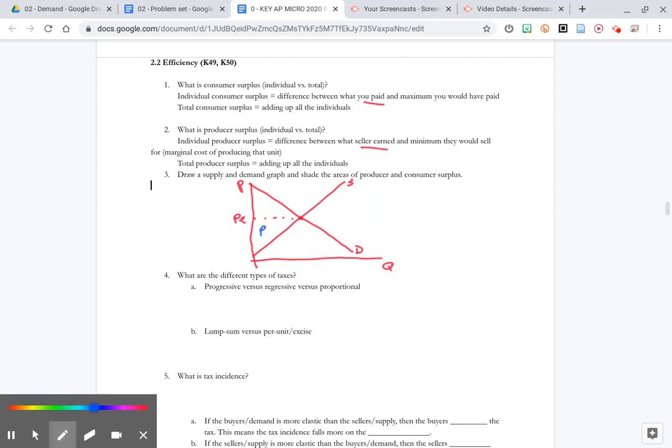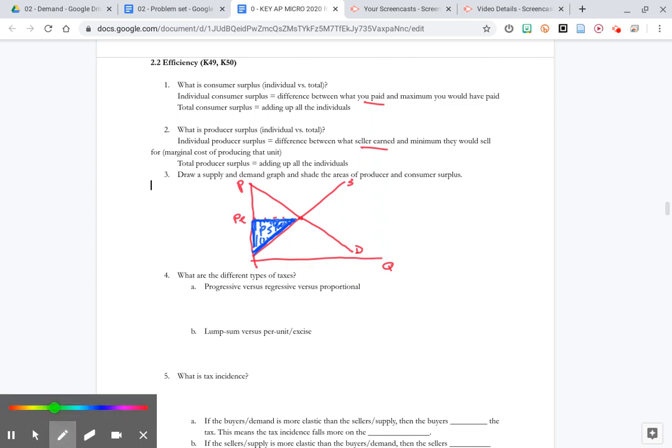And this is producer surplus. It's the difference between what they receive, which is the price, down to their cost of producing it, or their minimum willingness to do it, which is that supply curve portion. And so if we fill in the area, right, of these, then that's just producer surplus.